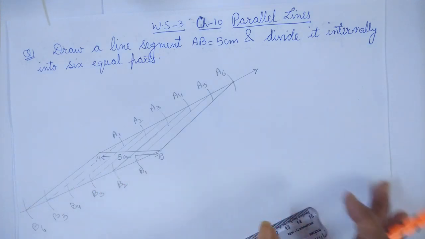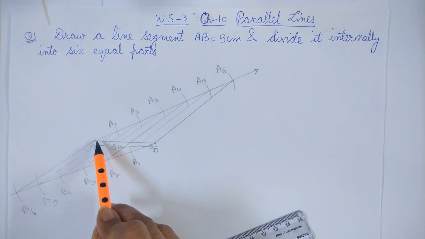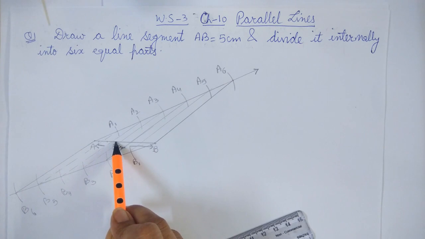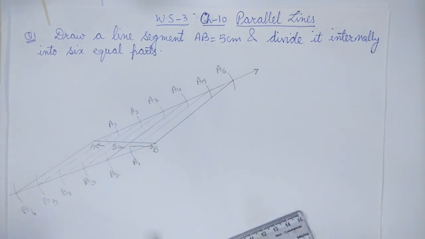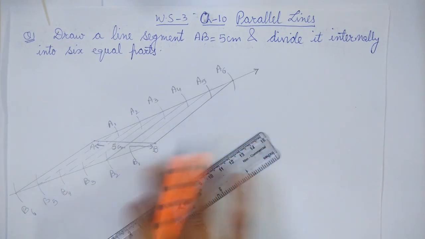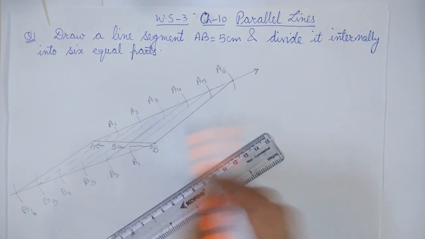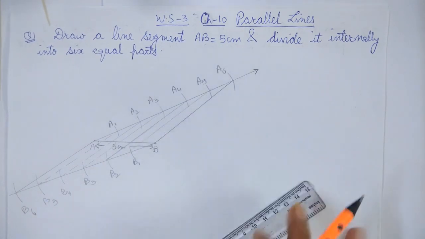So what do you observe here? You have got 6 parts: 1, 2, 3, 4, 5 and 6. Do it properly so that you will get parallel lines. All these lines should come as parallel lines. Join them properly.